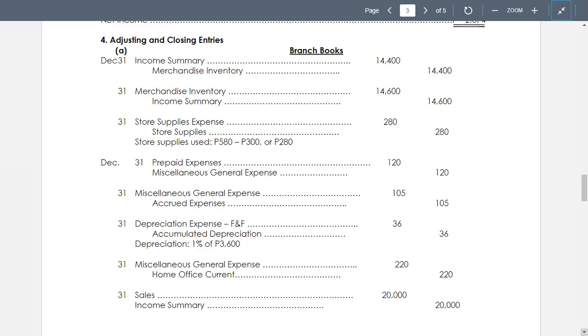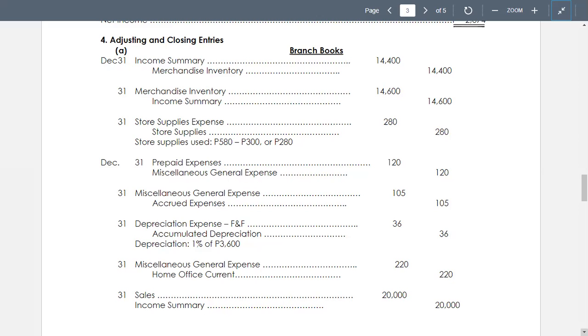But the 14,600 is composed of merchandise received from the home office at billed price of 11,700, so it was at 120% of cost, and merchandise purchased from outsiders of 2,900. So that is the composition of the merchandise inventory of the branch.